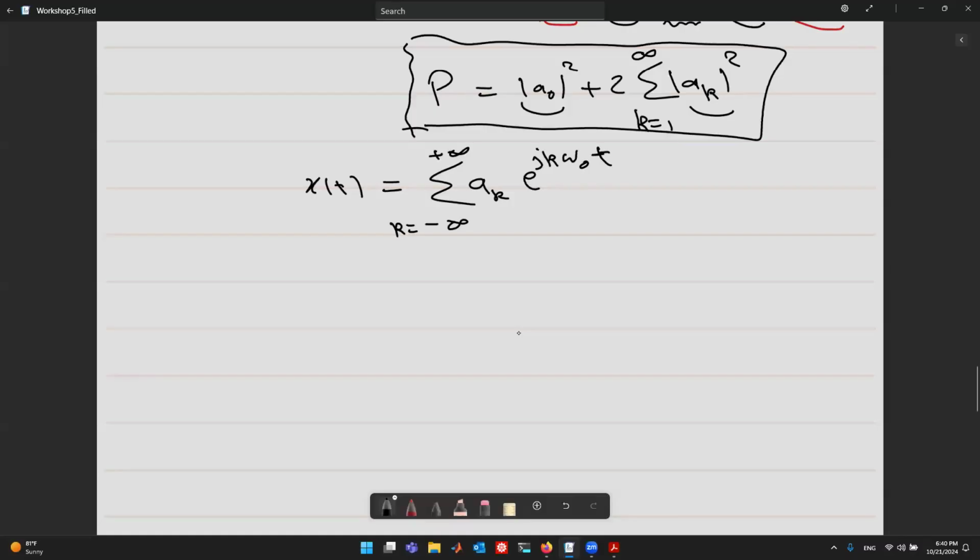Again, we can use the fact that those are even, and write it in terms of just the positive ones, and we multiply by 2. But first, let's find the fundamental frequency of this signal.